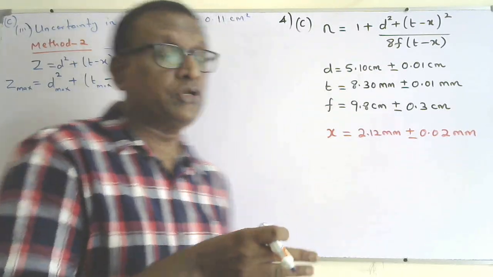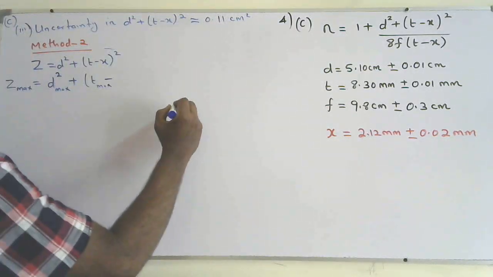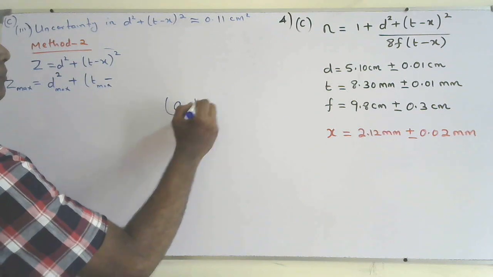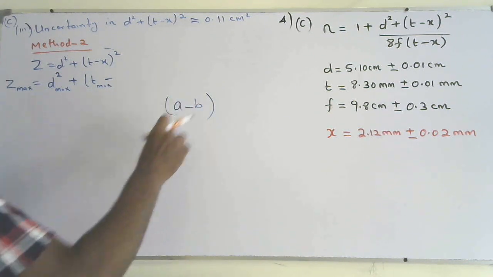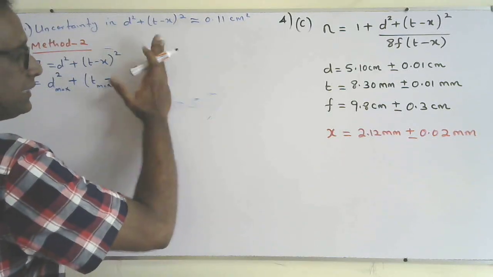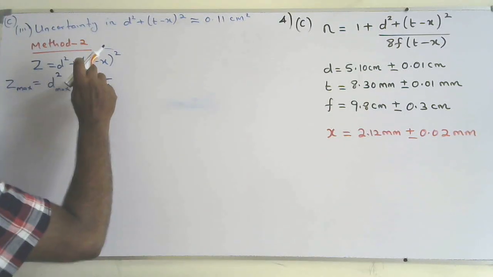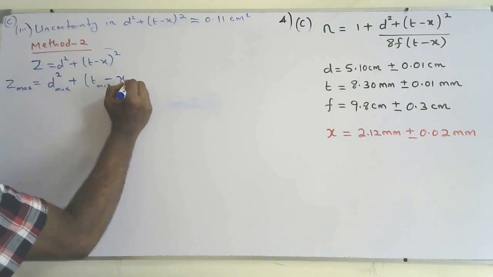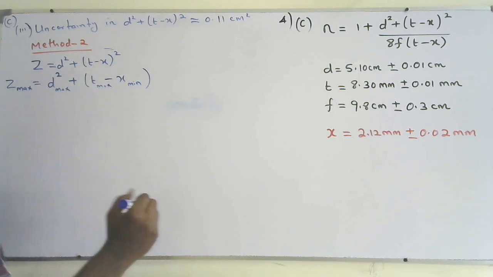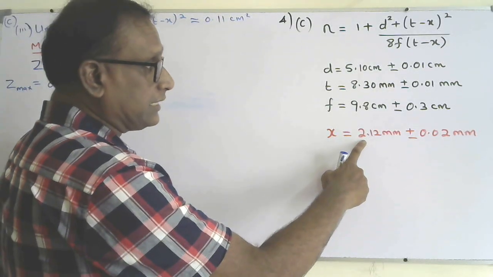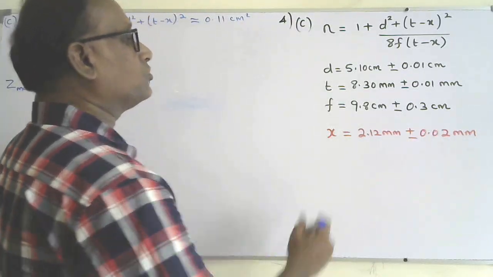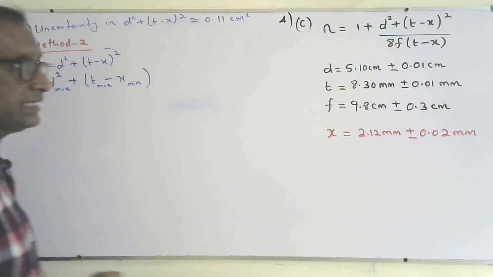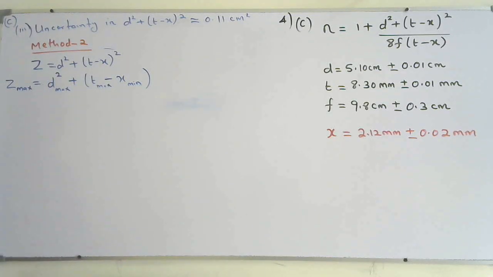X should be the minimum. Then only I'll get maximum. Say for example, a minus b. If I want to get maximum value of this one, I should get the maximum value of a and the minimum value of b, because I'm subtracting, is it? That's just IGCSE maths. So minimum value of x, x minimum. So how will you find the x minimum? This convert to meter, 0.212 minus 0.002, or you can subtract it and convert to meter. Okay, so that's the x minimum.